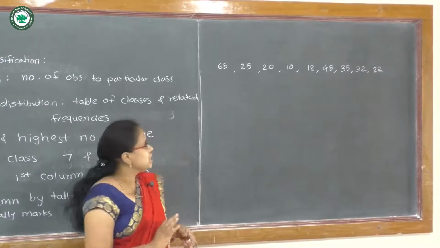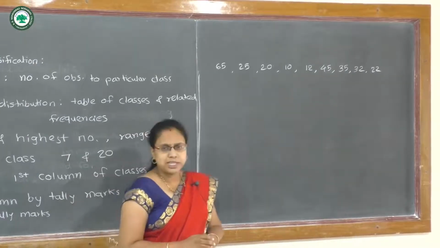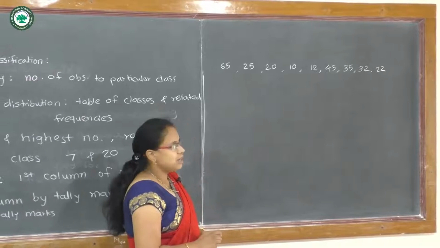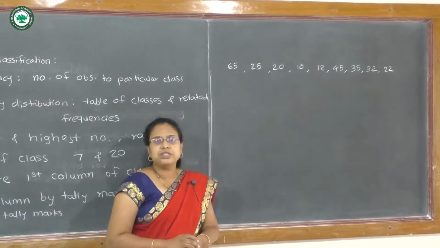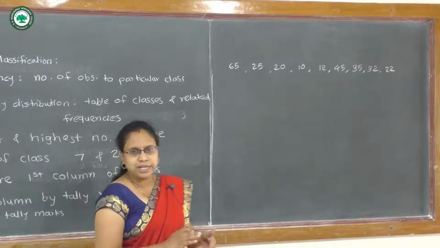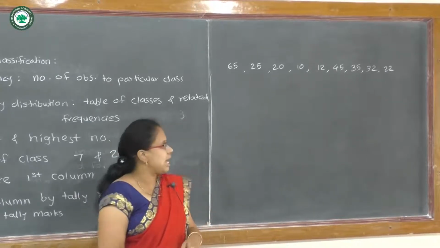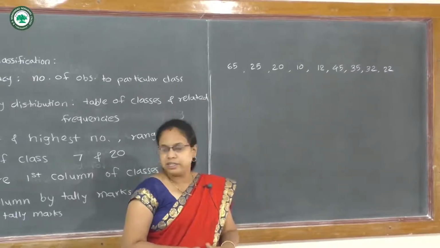It may be the marks of students in an examination. Then we have to make the frequency distribution table for this data. This is a small data set. We can take a large data set, but just for example I am taking this data.